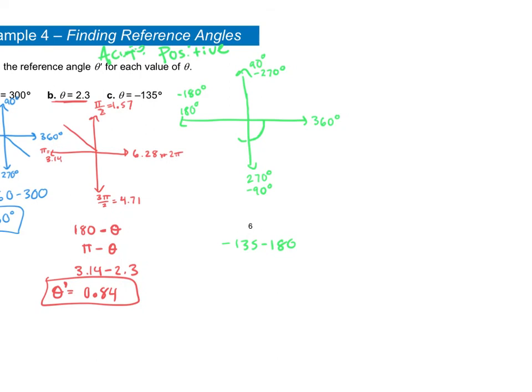So first thing we should do is find the positive coterminal angle of 135 degrees. So we're looking for this part of it. So how do we find the positive coterminal angle of negative 135? Add 360. Perfect. So we have negative 135 plus 360.